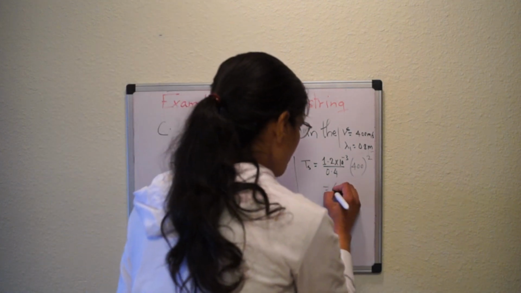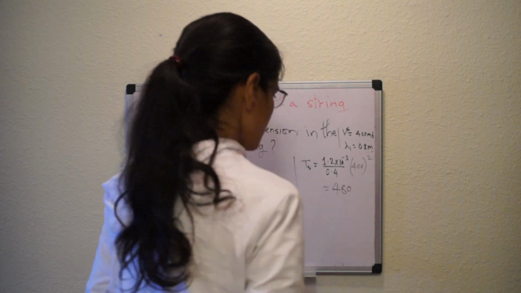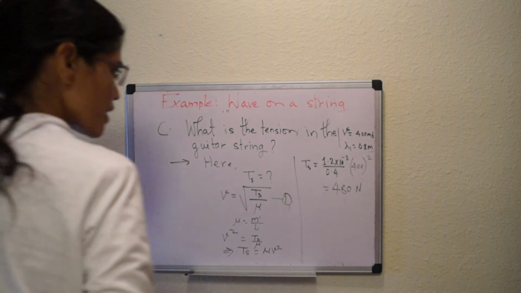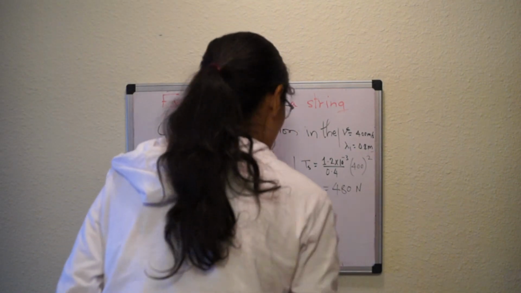So it is 480 Newton, right? This is the tension. So, okay, the tension on this string Ts is 480 Newton.